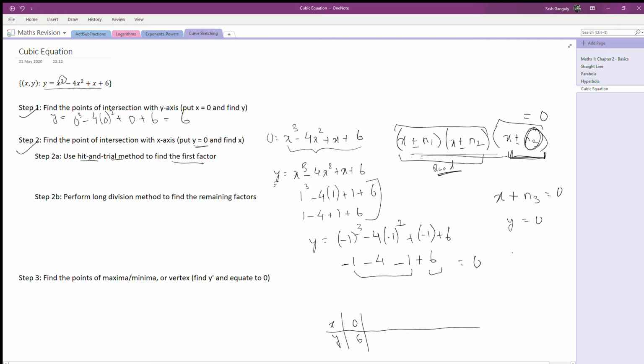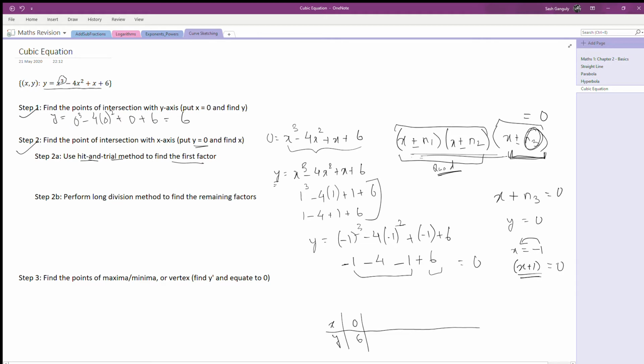So, when x is equal to minus 1, then my y is equal to 0, which means my x plus 1, I'm bringing this minus 1 to the left hand side. So, x plus 1 is a factor. If my x is equal to minus 1, then x plus 1 is equal to 0.